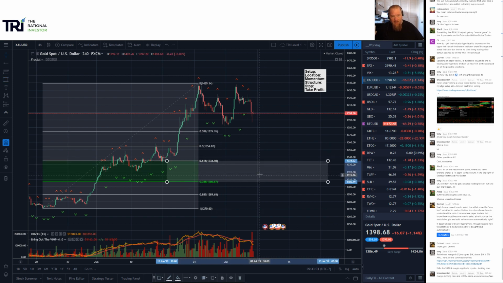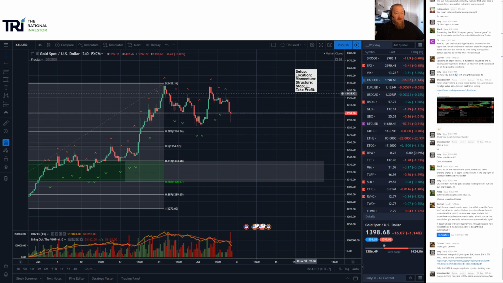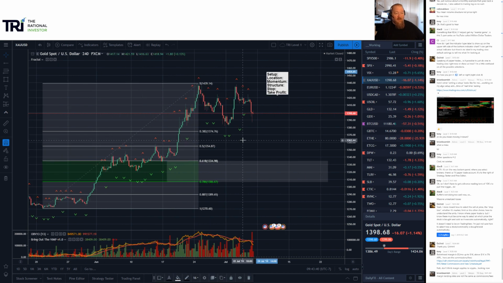So when price came down in here, made some structure, you got some divergence, that would be that setup. That's what we're talking about when we talk about location. We're talking about, are you in a reload zone? If it's a trending setup, are you in the zone for that setup? So if it's a bot, are you over 33% and less than 66%?